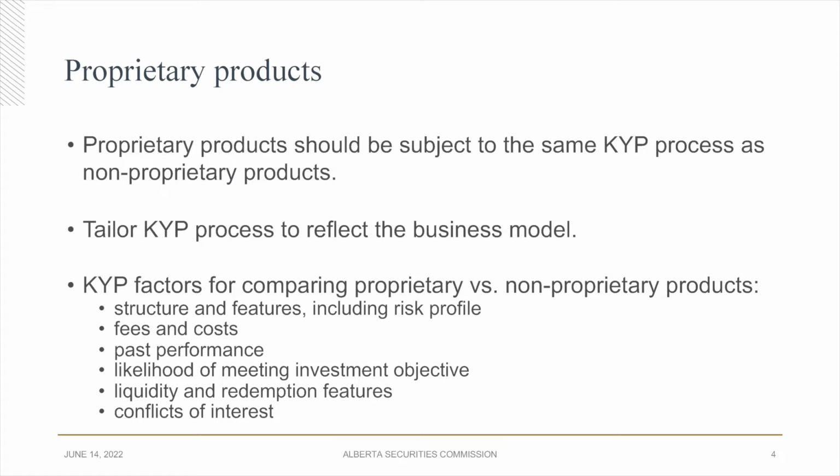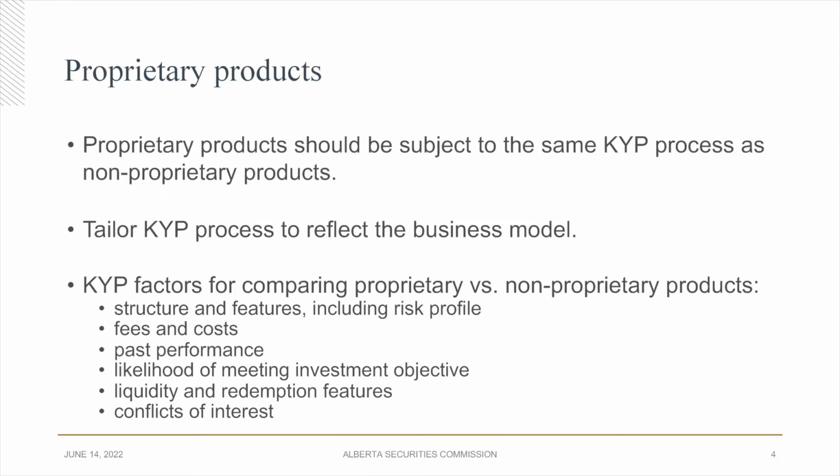proprietary product fits within its business model and strategy. Firms should also document how proprietary products are aligned with clients' interests, including why the firm decided to recommend proprietary products over non-proprietary products. We expect that firms will consider the factors listed in this slide before approving the proprietary product for a shelf.